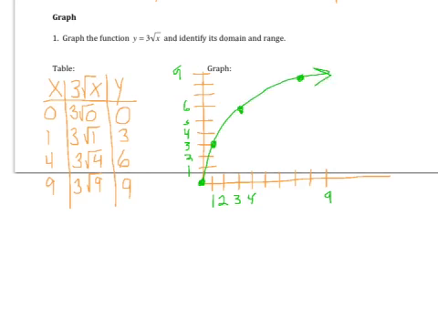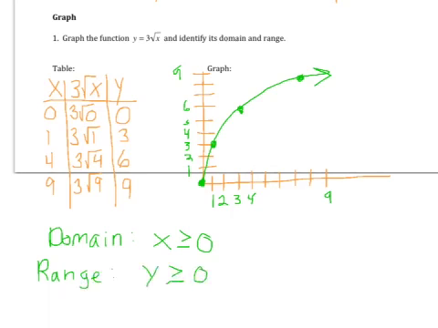Notice that again, it only has one arrow spouting off in this direction because we are not allowed to take the square root of any negative numbers. So this is kind of the starting point of our function, and then it shoots off. Okay, so again, the domain for this square root function is x is greater than or equal to 0, and the range is y is greater than or equal to 0.